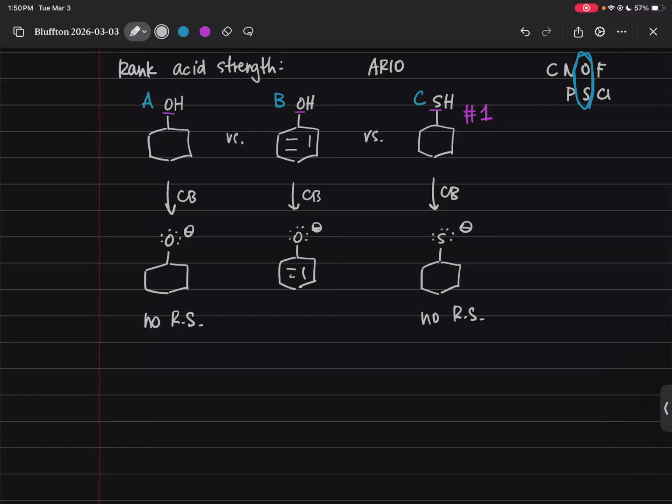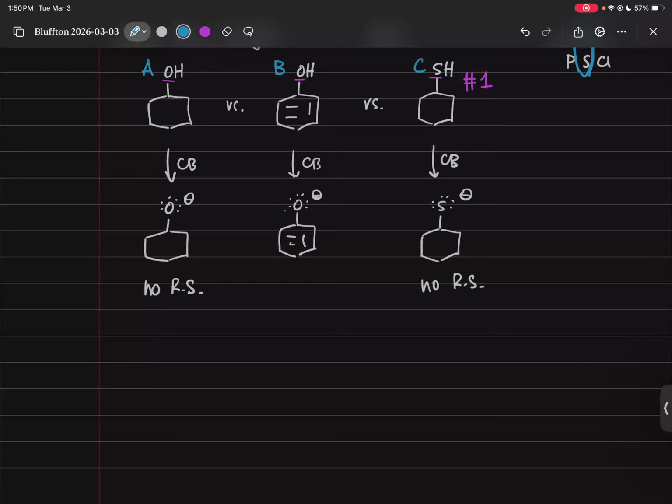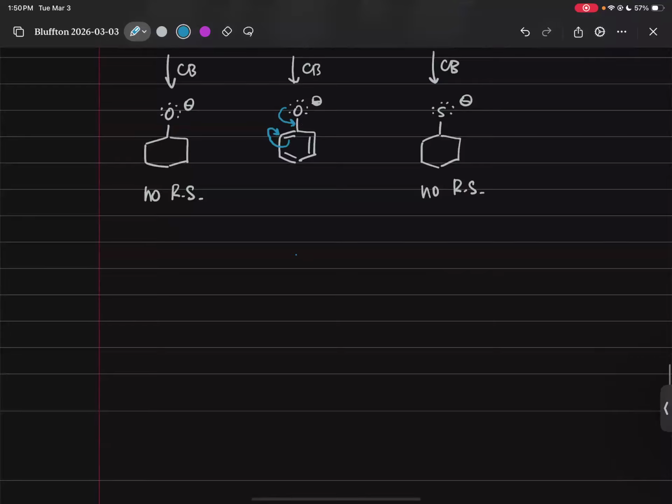Okay, what about the one with the benzene ring? Yeah, we can draw some resonance structures here. We can draw a lot of them, actually. I'll just do the first one, go down there, and then let me draw my bonds less ugly. There we go. And then this can go there. Okay, so that gives us that resonance structure.